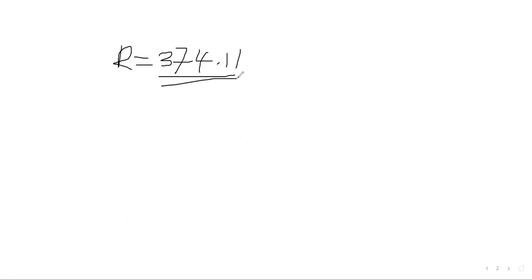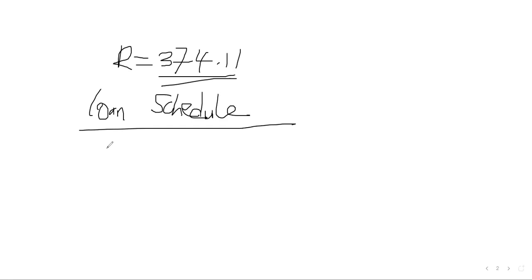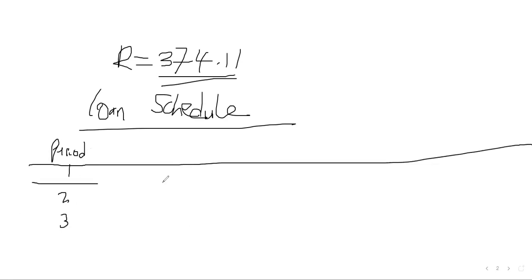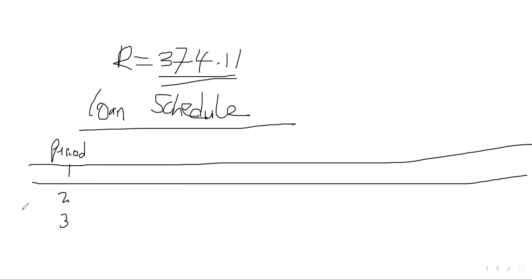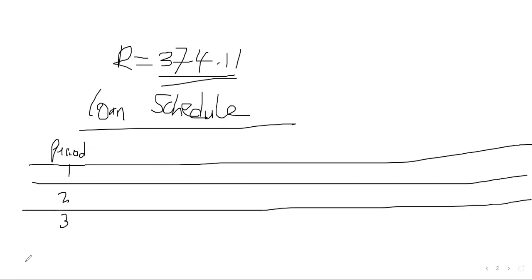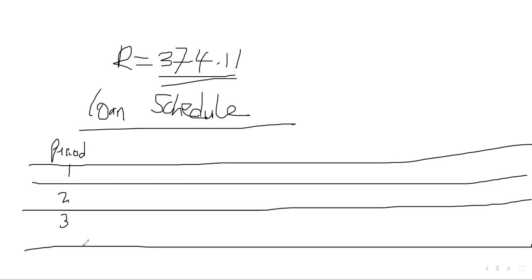Now we can look at the loan amortization schedule. On our loan schedule we are going to have the period, which will be 1, 2, and 3. Then we have the principal at the beginning.